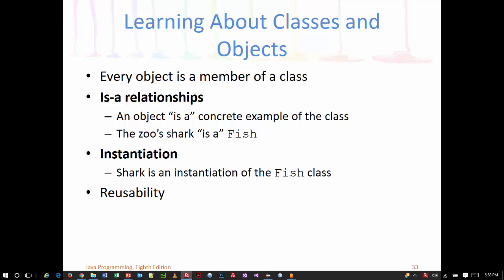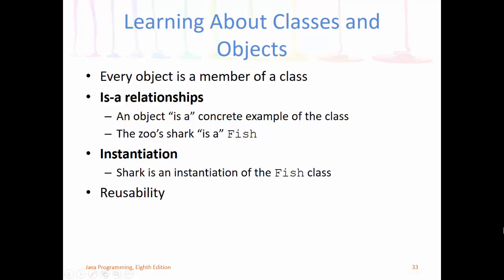It says that every object is a member of a class. So if you guys remember the blueprint thing, we have a blueprint for a dog, and then we create a dog. So every dog is a member of the class dog. That's the structure of it. And they give you this "is a" relationship, so an object is a concrete example of whatever blueprint you're building from.